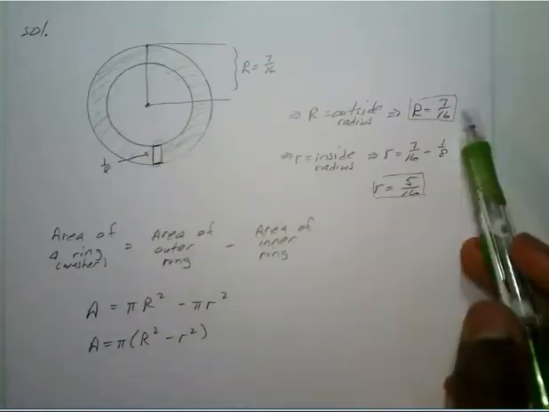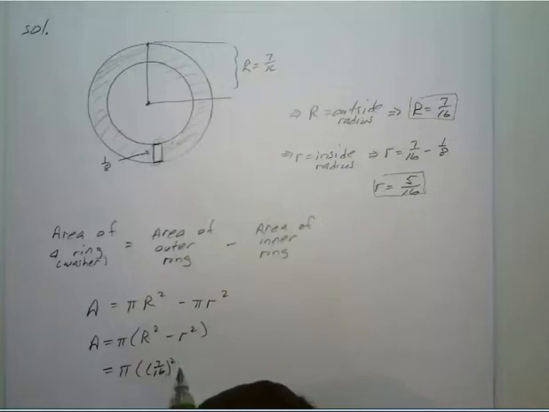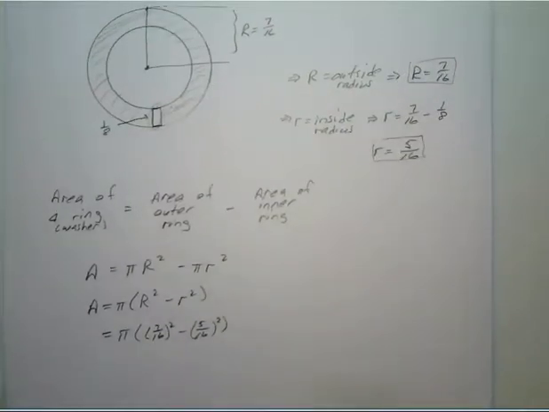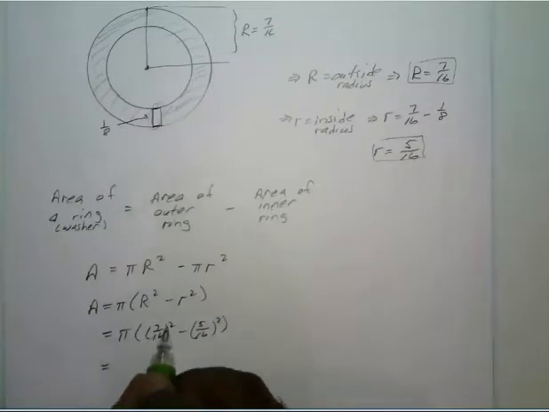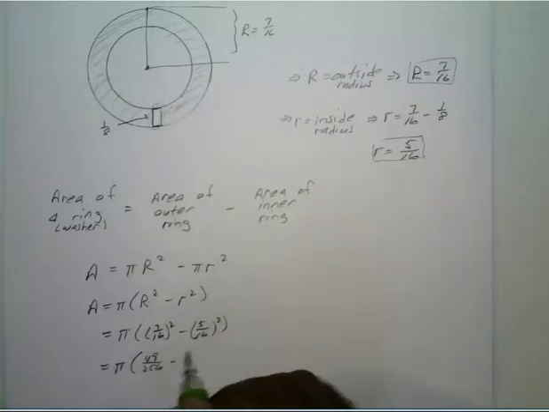Okay, so now we go ahead and plug in our values. We know that that's going to equal pi times 7/16 squared, since that's our outer radius, 7/16 squared minus 5/16 squared. Okay, so if we go ahead and simplify that, we have pi times 7 squared is 49, 16 squared is 256, minus 5 squared is 25, 16 squared is 256.